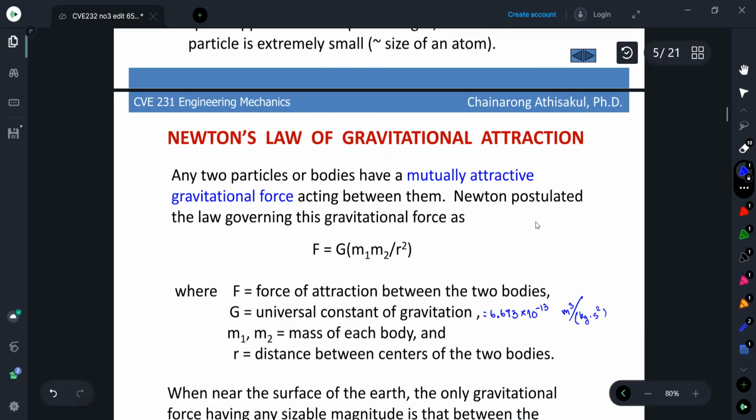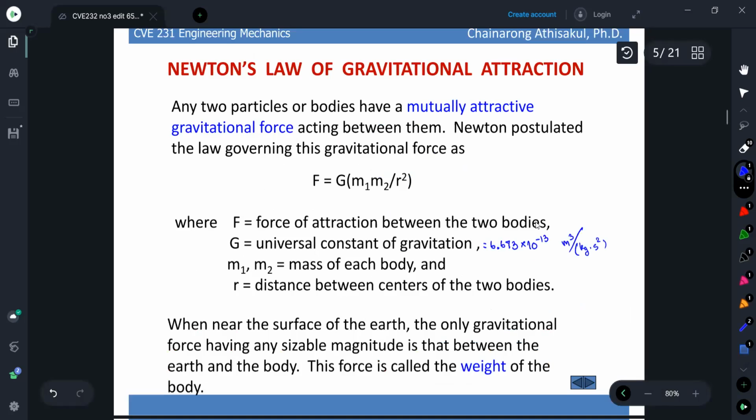And Newton's law of gravitational attraction. Any two particles or bodies have a mutually attractive gravitational force acting between them.